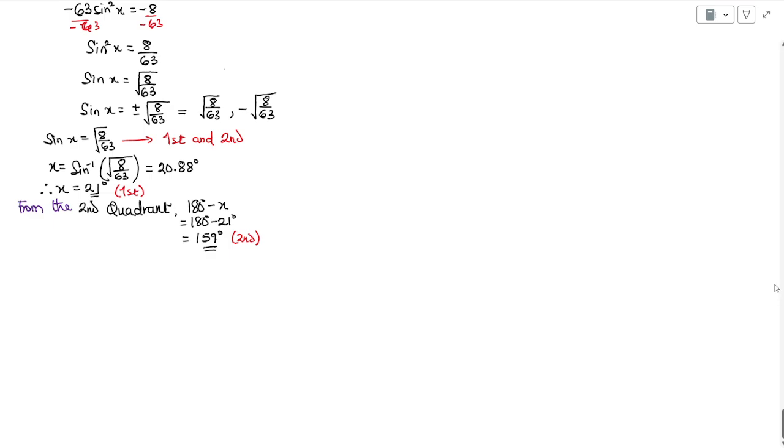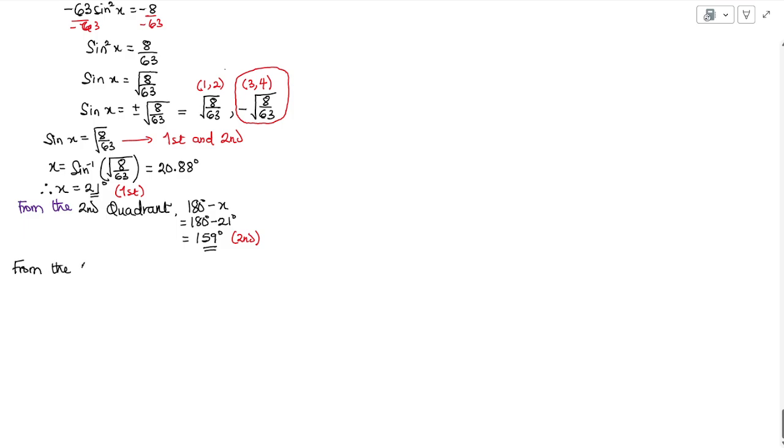The first one gives us answers from the first and second quadrants. In the third and fourth quadrants, sine is negative. So let's look for the negative equivalent in the third and fourth quadrants. We can still use the same value, since we've already solved for the square root.